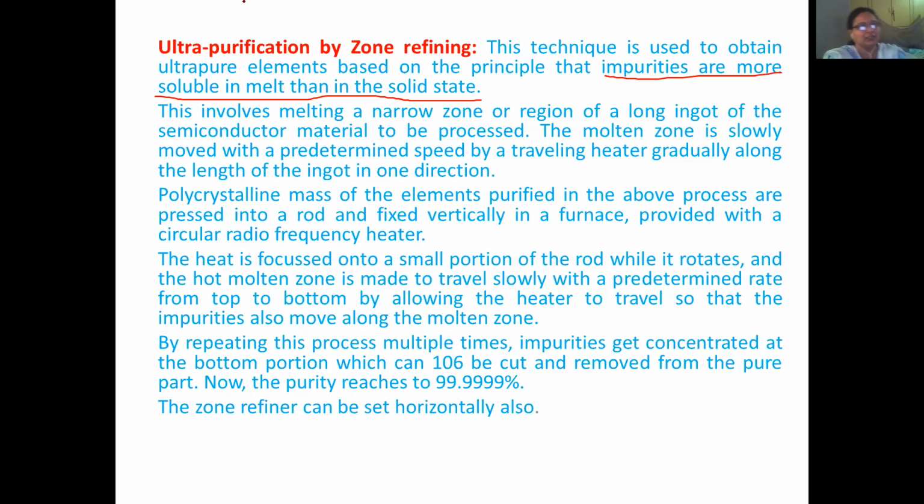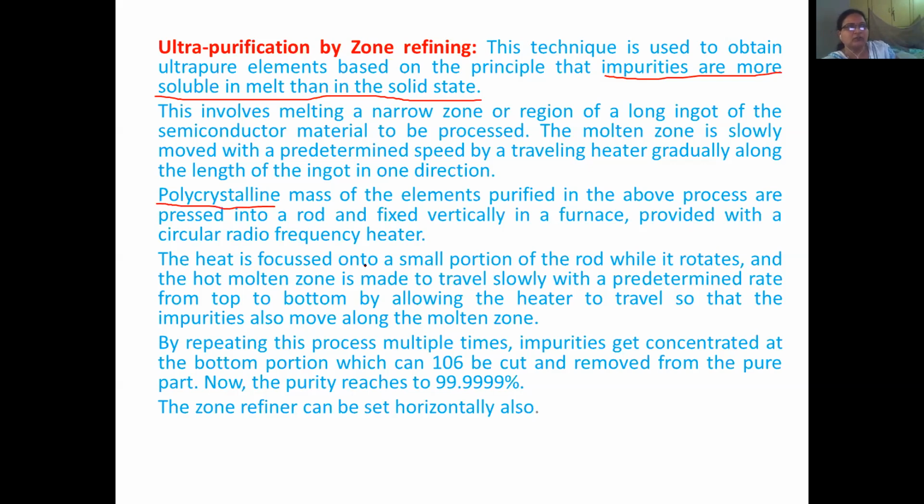So we prepare a polycrystalline germanium rod. It is not a single crystal, it is polycrystalline. The polycrystalline mass of elements purified in the above process is pressed into a rod and fixed vertically in a furnace provided with a circular radio frequency heater.